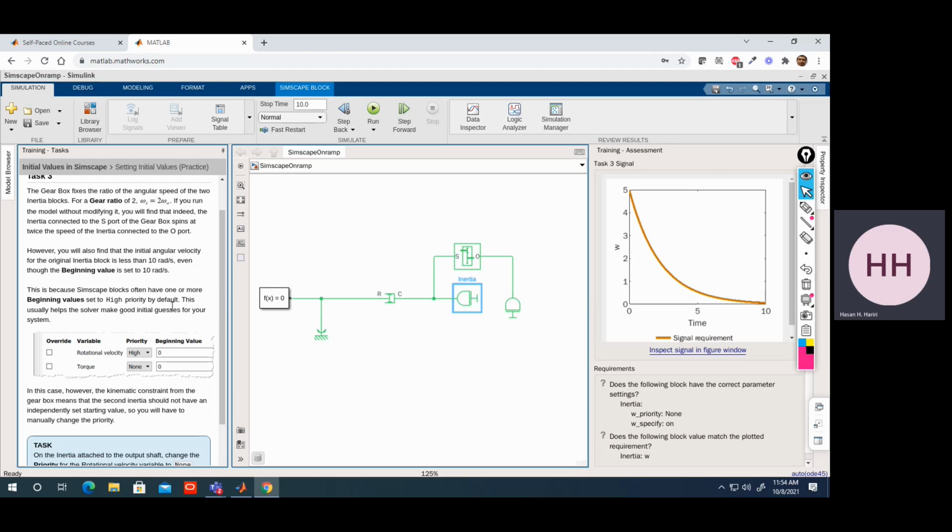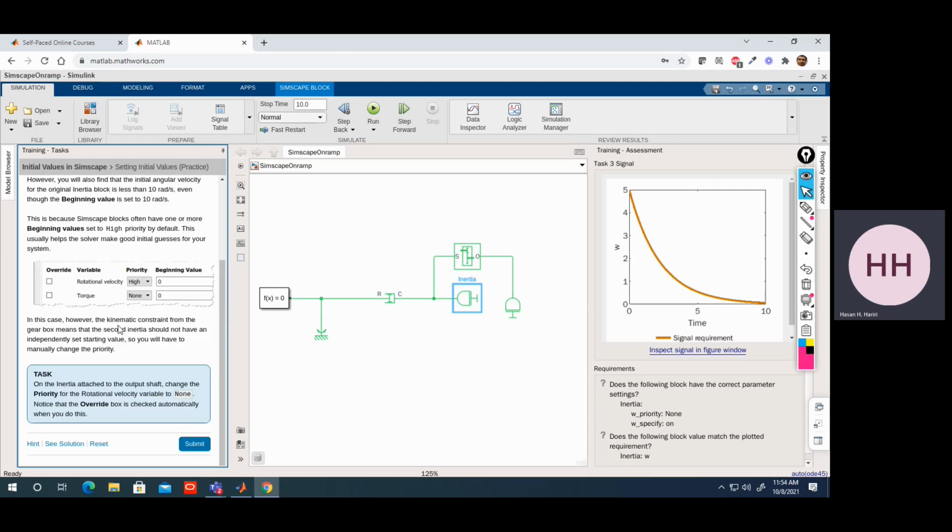This is because Simscape blocks often have one or more beginning values set to high priority by default. This usually helps the solver make good initial guesses for your system. Okay, so you have priority high or low.